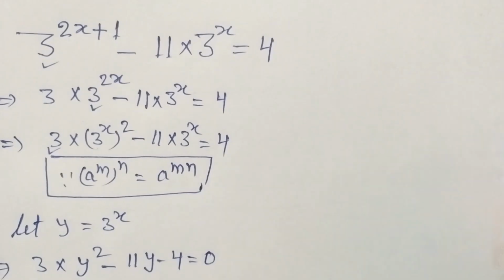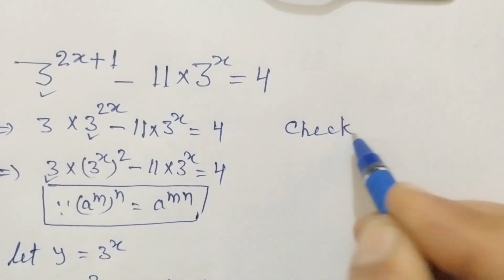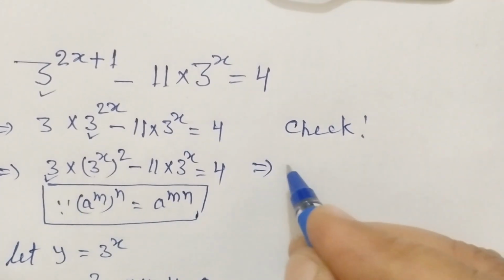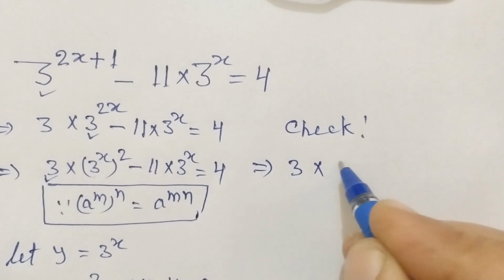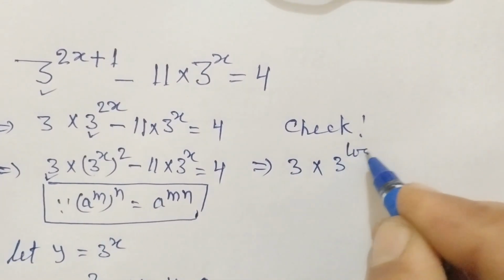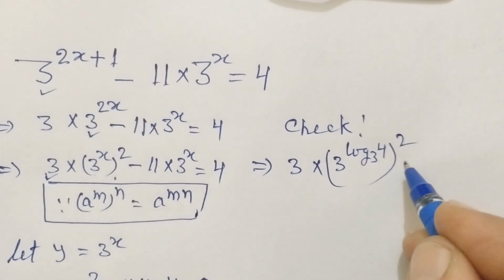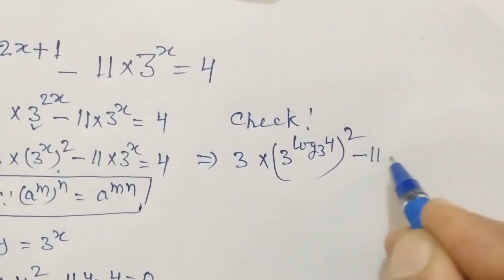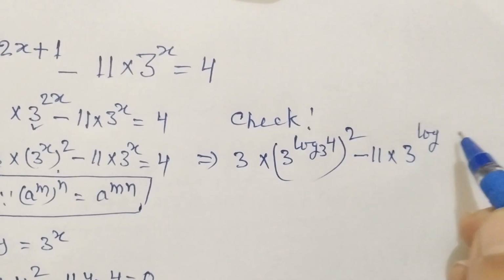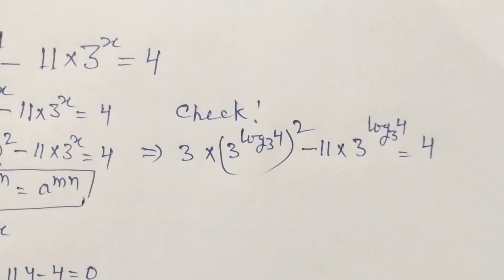Now if we check, here 3 into 3 to the power x, with x as log of 4 base 3, square, minus 11 into 3 to the power x, with x as log of 4 base 3, is equal to 4, right?